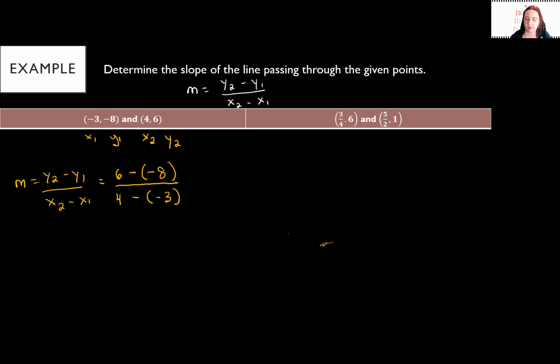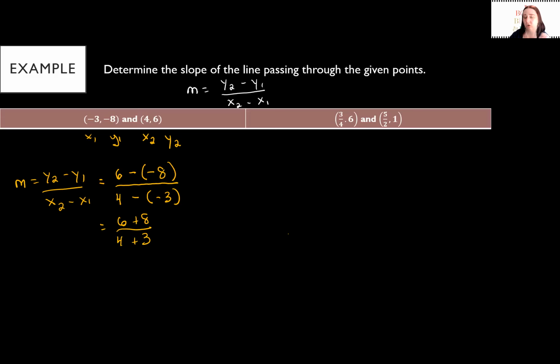Once you've plugged in the numbers, now you're just doing the math. You're just simplifying the right side to figure out whatever this number is. So we get 6 plus 8 because we're subtracting a negative, and 4 plus 3.